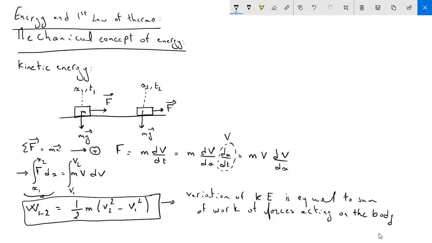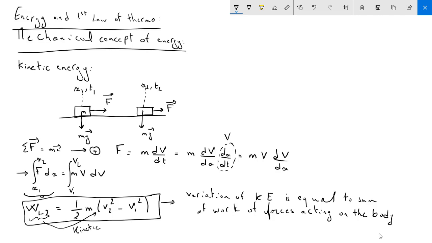So any work applied on the body, or any force applied on this body, and we have a displacement, the work will be stored in the body as kinetic energy. So the work will be transferred to the system as kinetic energy.